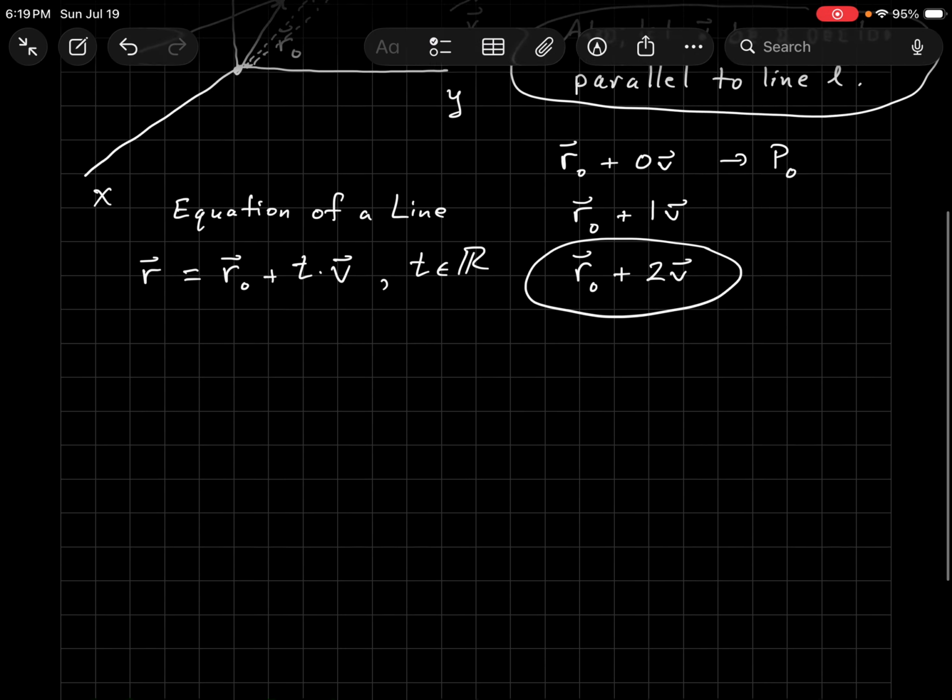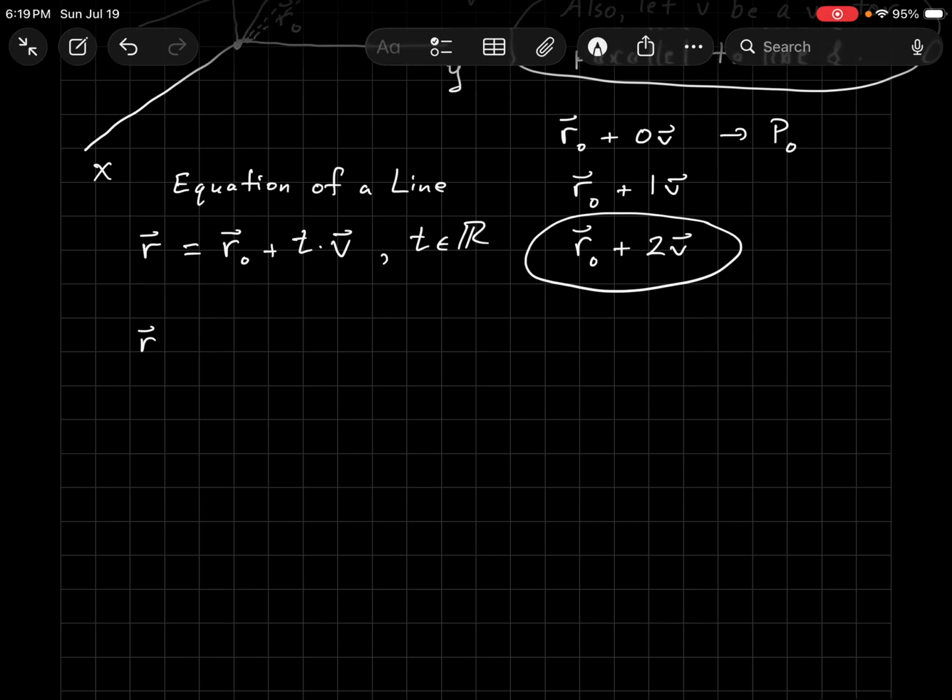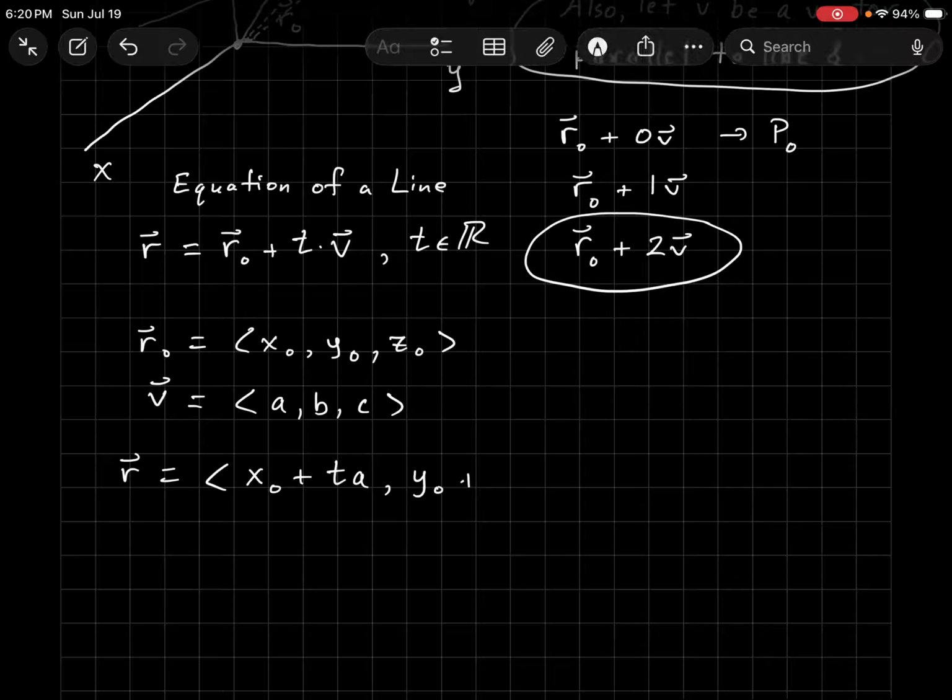So here's how we usually write it. Let's do a little more detail. If r naught is the vector, say x naught, y naught, z naught, a starting point, and we'll say v is some vector a, b, c, again which is parallel to our line L, then the vector r, which is going to describe the line, will be the vector x naught plus t times a, and then y naught plus t times b, and then z naught plus t times c.